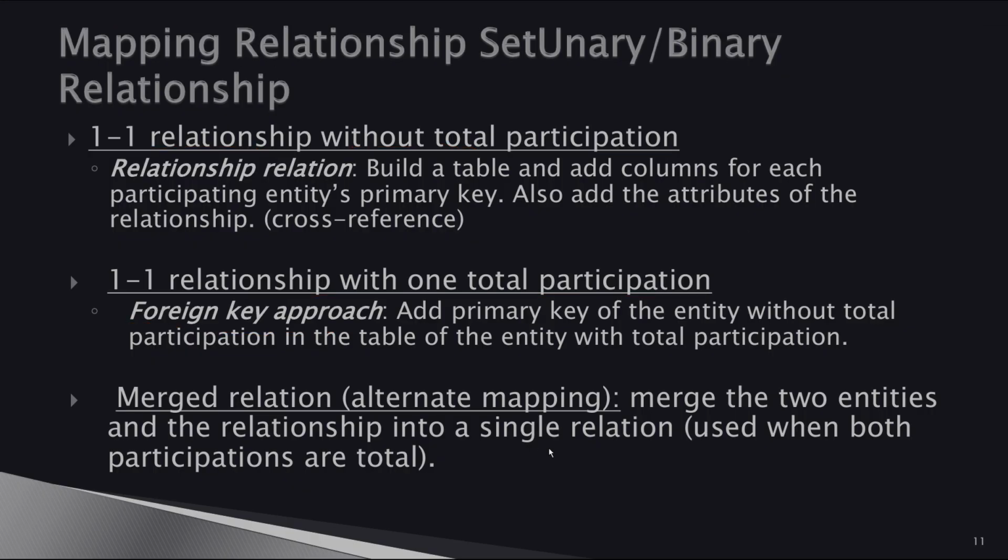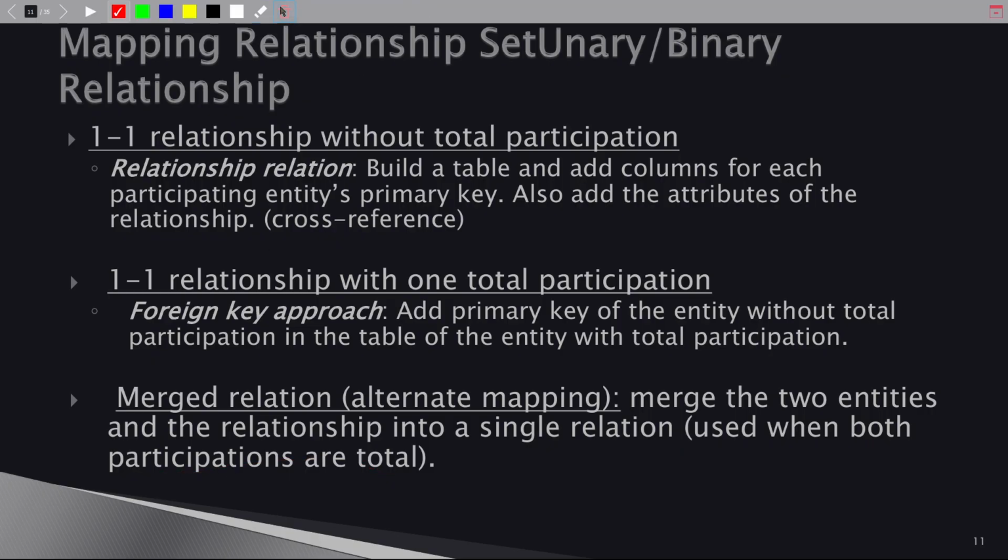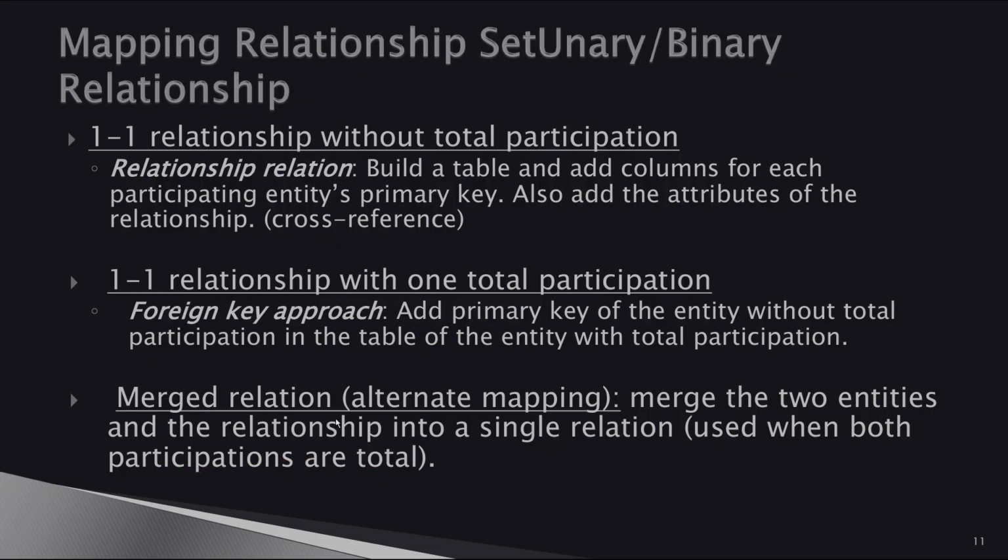Finally, when you have two total participations, so total participation on both ends, then the two entities as well as the relation are all going to be merged into a single table.